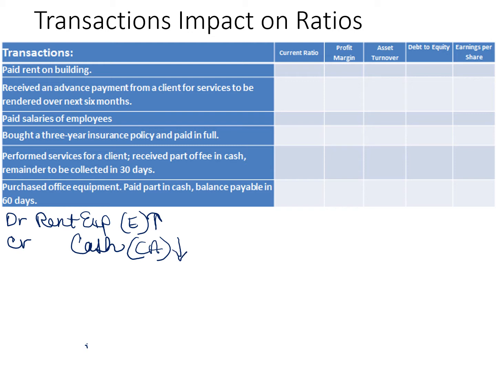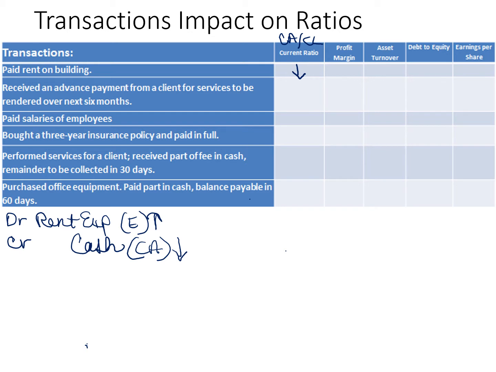If we think about the current ratio, it is current assets over current liabilities. If cash is decreasing, the numerator is getting smaller, and so the current ratio will get smaller. So if you pay for expenses, your current ratio will shrink.